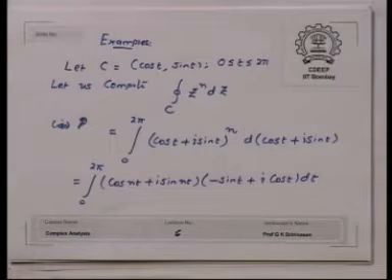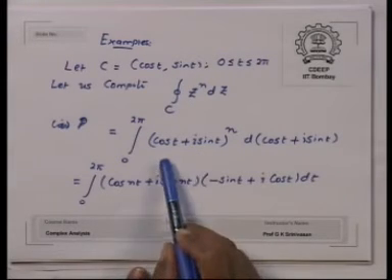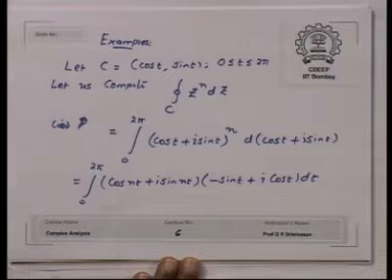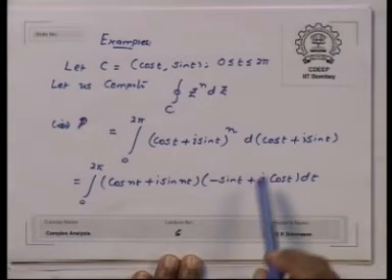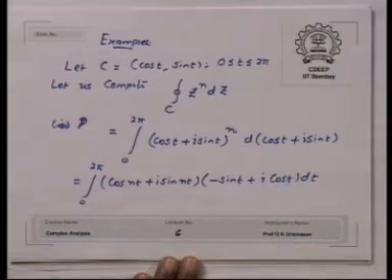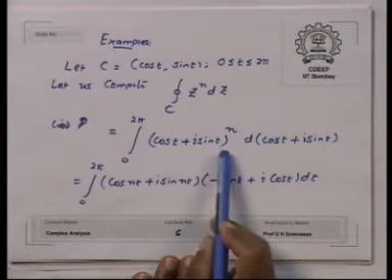What is, along the curve C, what is x? x is cosine t and y is sin t. So, z is what? Cosine t plus i sin t, z to the power n is (cosine t plus i sin t) raised to the power n, and then dz is d of (cos t plus i times sin t). So, what is the first one?